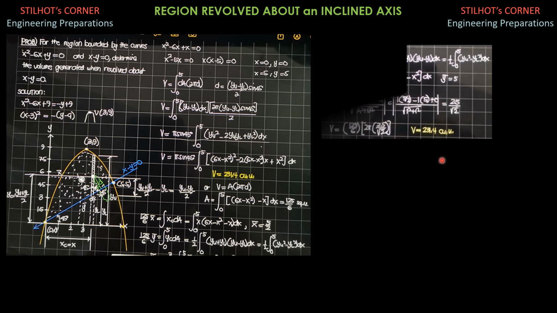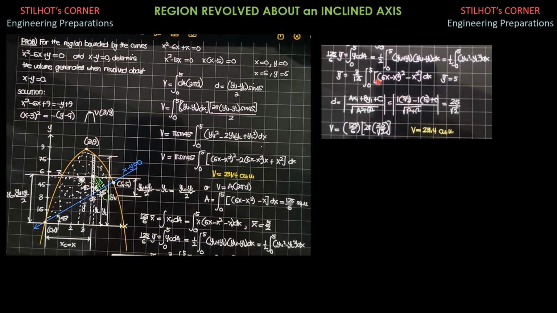Substituting values, 125 over 6 barred y is equal to, so from here, 6 over 2 is 3, then over 125, integral of upper y squared minus lower y squared dx. So solving for barred y using your calculator, you will get barred y equals 5 units.